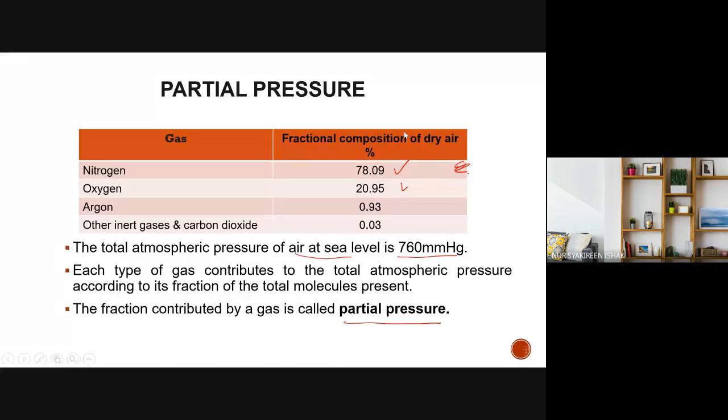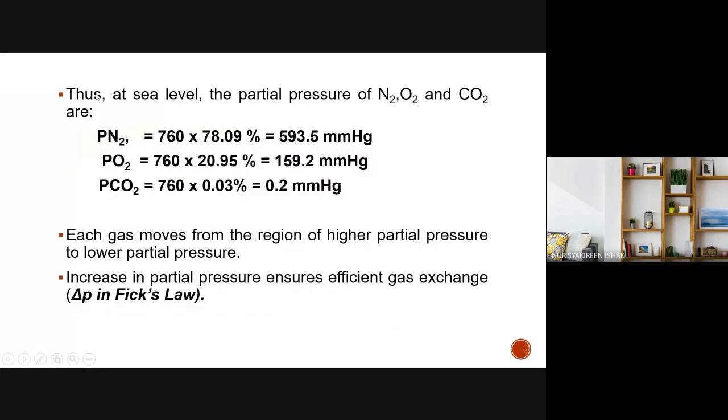Okay. So kalau kita tengok kat sini, thus at sea level, the partial pressure of oxygen, nitrogen, and carbon dioxide respectively. For nitrogen, kan, so kalikanlah. So 760 millimeter mercury kali dengan 78.09%, you get partial pressure for nitrogen is 593.5 millimeter mercury.